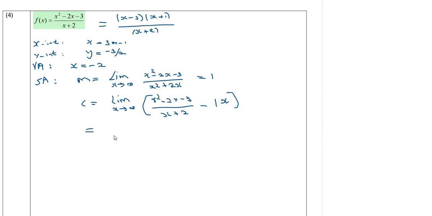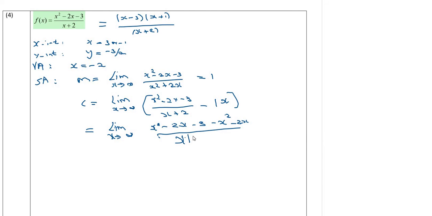Okay, so this is going to give me x squared. Sorry, let me get the limit again there, because we haven't taken the limit yet, so the limit must still be there. So it's the limit where x approaches infinity of x squared minus 2x minus 3 minus x squared minus 2x, over x plus 2.